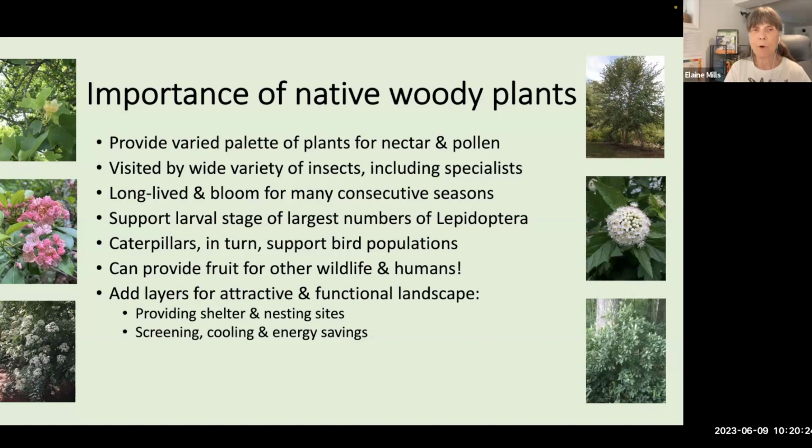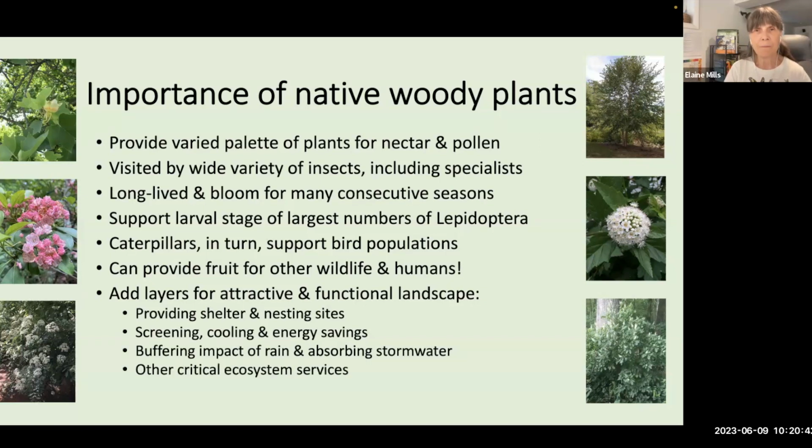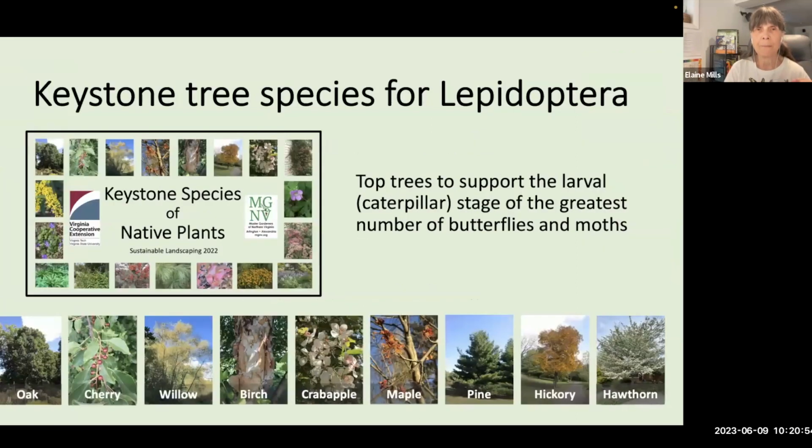And these plants can also provide screening for you, as well as cooling and energy savings. The foliage of these larger plants will buffer the impact of rain, and their root systems will help absorb stormwater, allowing you to keep this water on your property. And these larger plants also provide other critical ecosystem services. They provide oxygen for us to breathe. They help filter pollutants from the air, and they help sequester carbon.